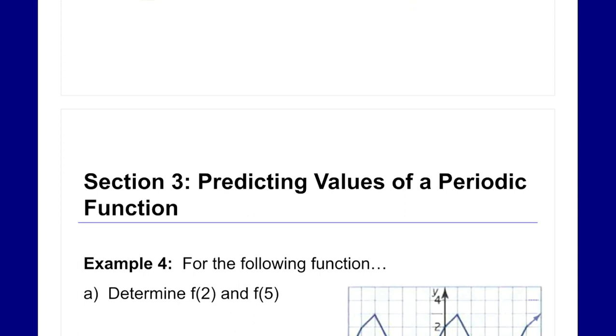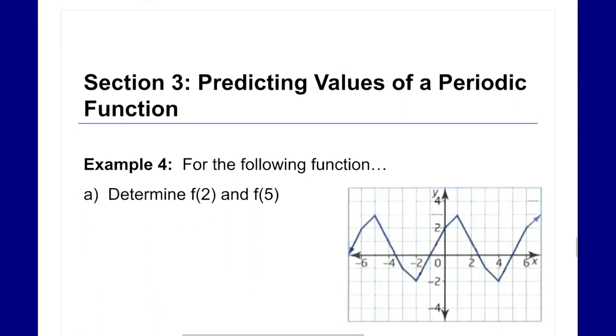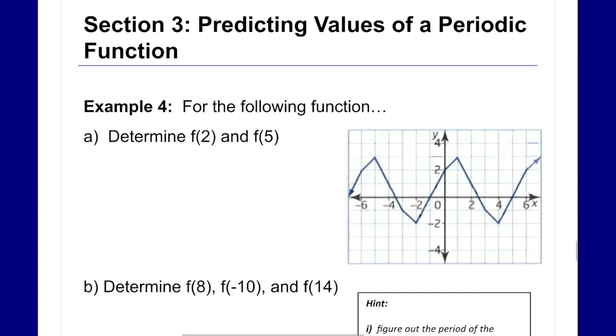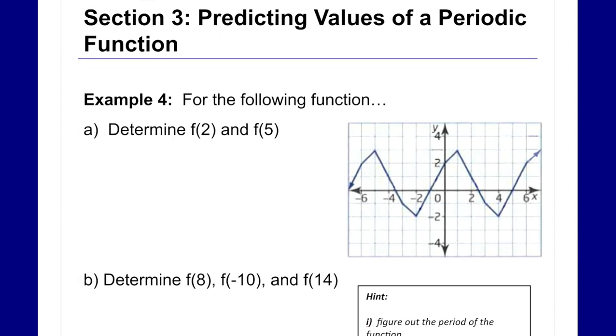The next thing we're going to look at, if it's a periodic function, we can use our values to help us predict the other values in our function. So for the following function, I want to determine f at 2 and f at 5. So this is just looking when x is 2, what is the value of the function.